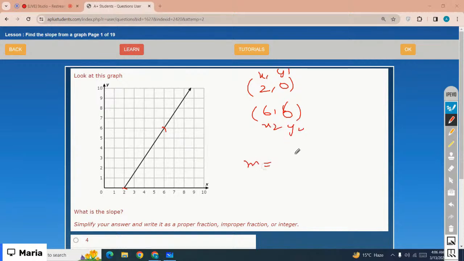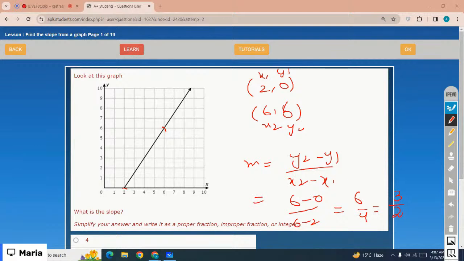The slope is y2 minus y1 divided by x2 minus x1, right? So y2 is 6. 6 minus 0. x2 is 6 minus 2. So 6 minus 0 is 6 and 6 minus 2 is 4. Got it? So when you divide them by the common factor 2, the correct option is 3 divided by 2.